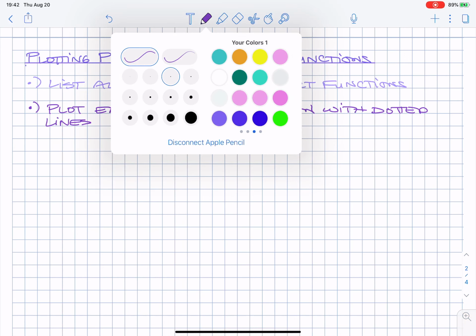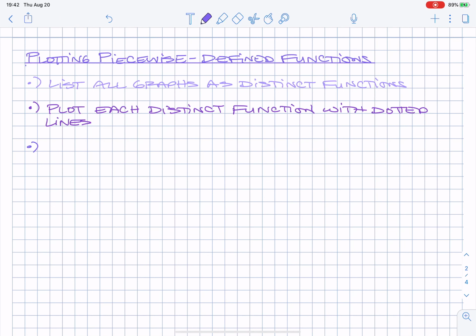And then last but not least, fill in each function on its given domain.